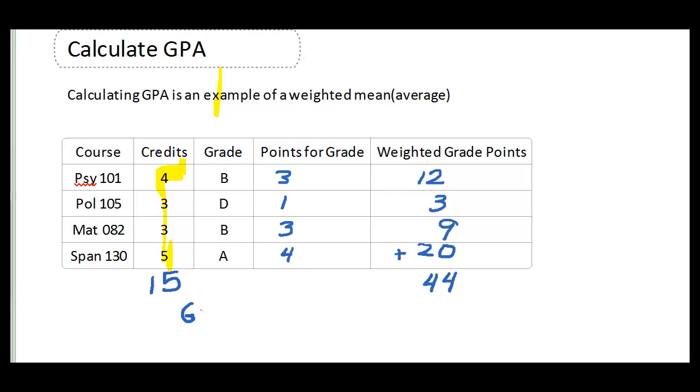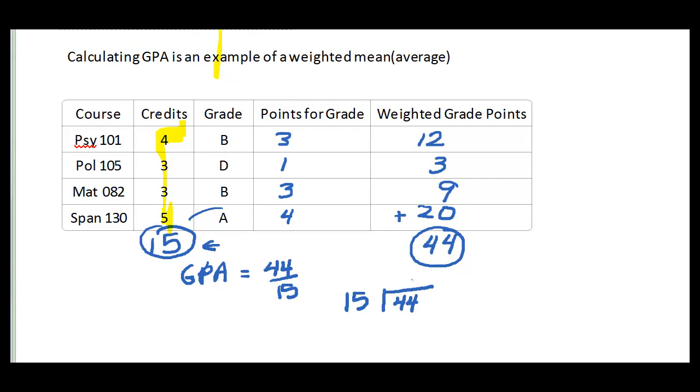So to calculate the semester GPA for the student, you take the total number of grade points, so that's 44, and divide it by the total number of credits, which is our 15. So 15 divided into 44. 15 goes into 44 twice, and that gives us 30.